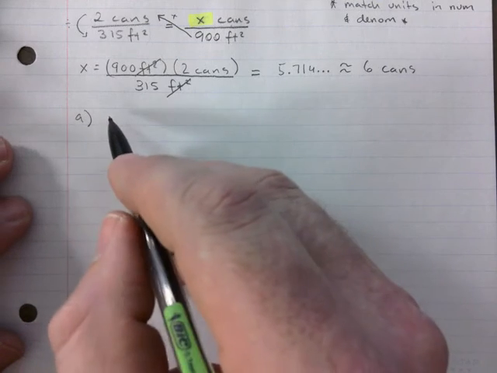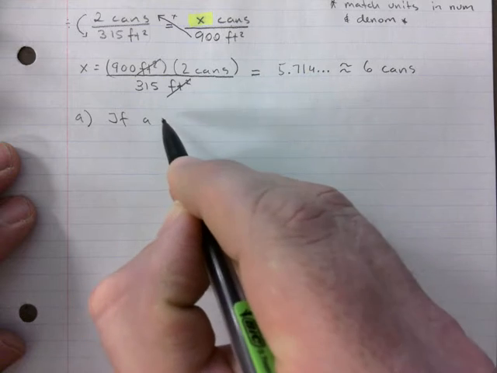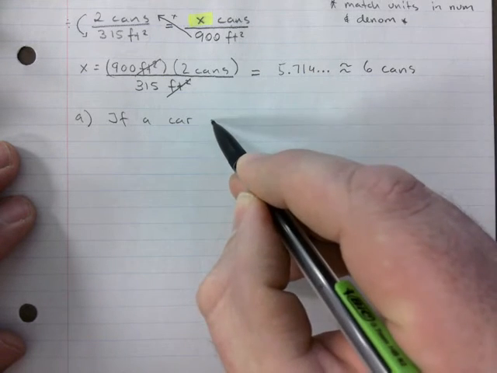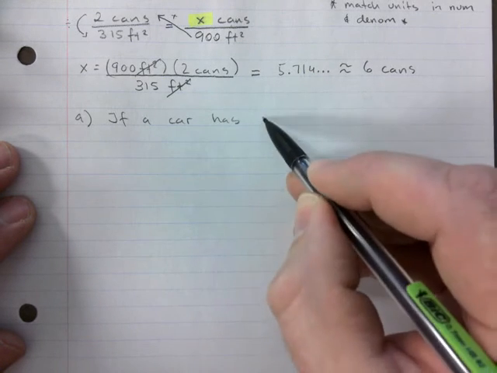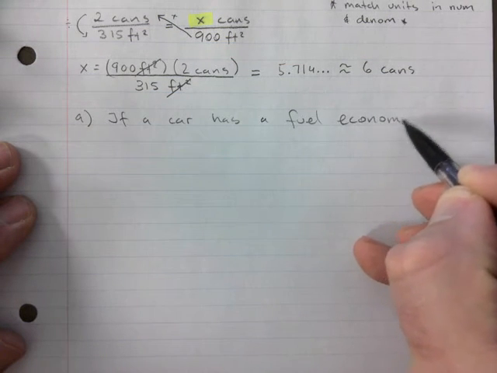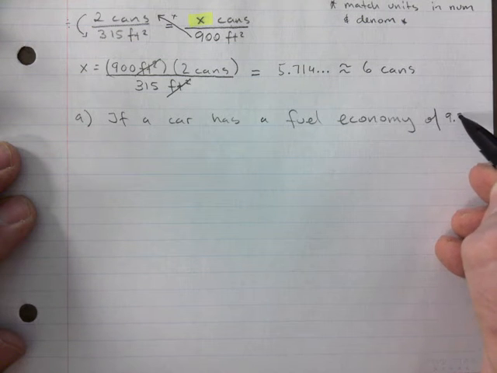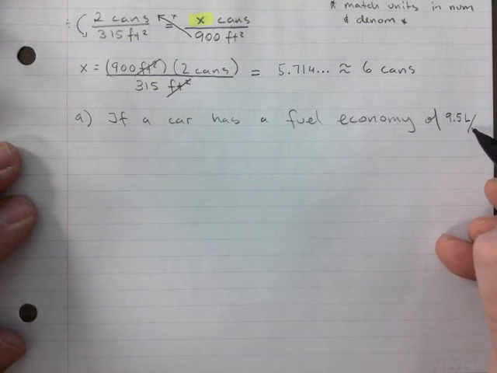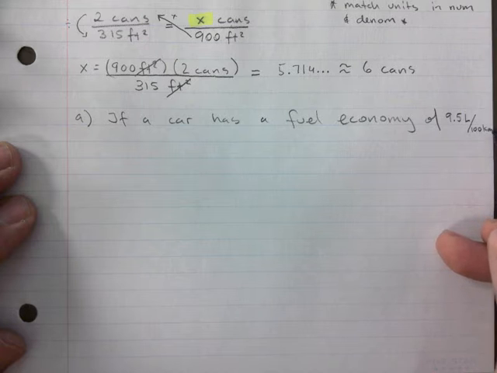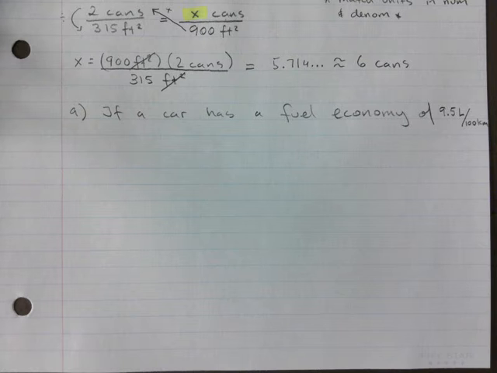If a car has a fuel economy of 9.5 liters per 100 kilometers, sorry, it says 9.5 liters per 100 kilometers. I hope you can see that. Okay.